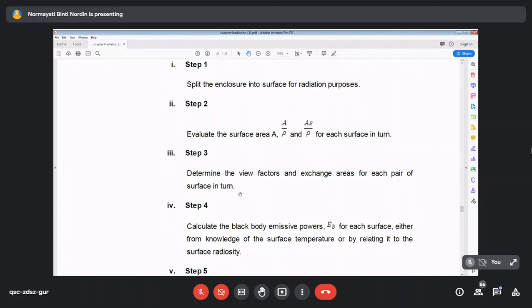Okay, and then the third step, once you have all the zones, you need to determine the view factors and exchange area for each pair of surfaces in turn. This is as explained earlier. So if there are 3 surfaces, it means you need to solve 9 exchange area sets. This means for each pair of surfaces in turn. That is what is meant by pair of surfaces.